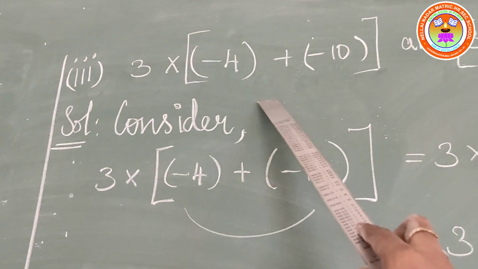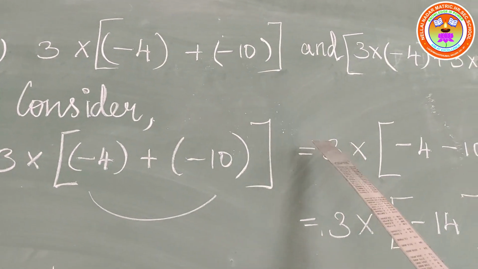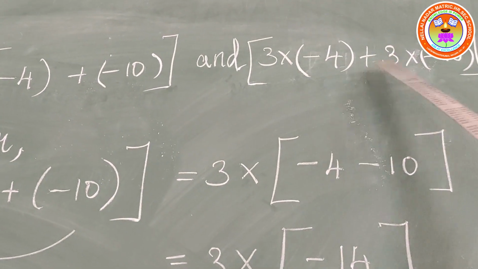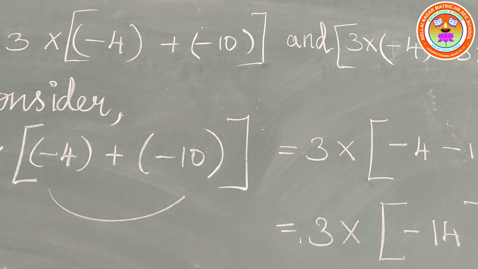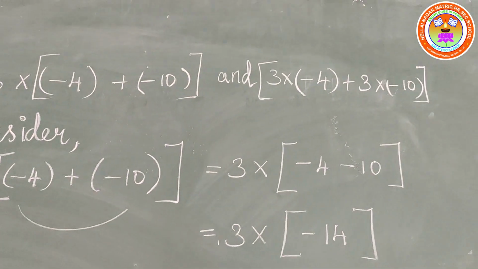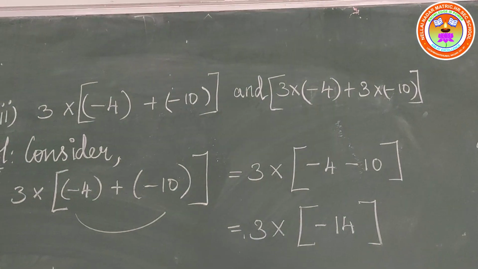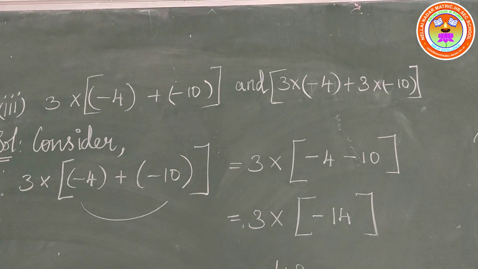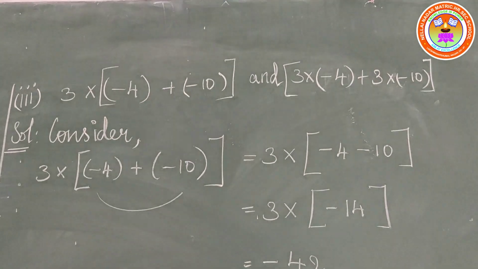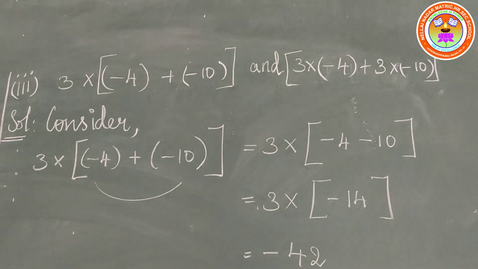First we took the first part and found the value. Second we took the other part and found the value and checked whether they are equal or not. If it is equal, we have to state the property. If not, we'll just say that they are not equal. Okay, so that is what we were doing.